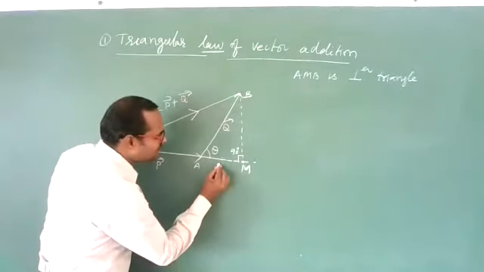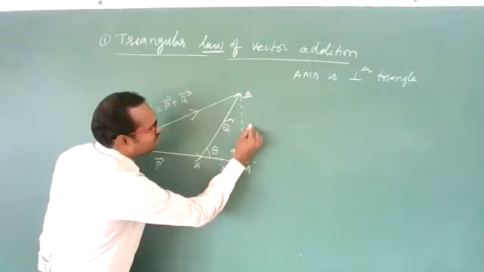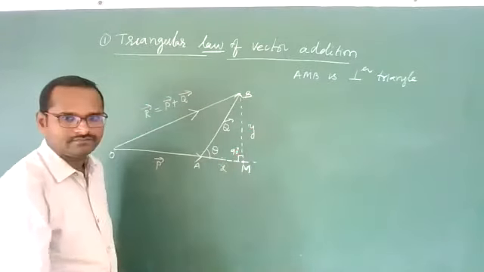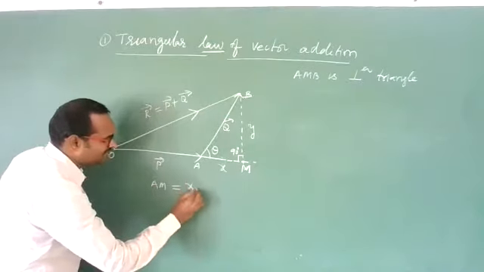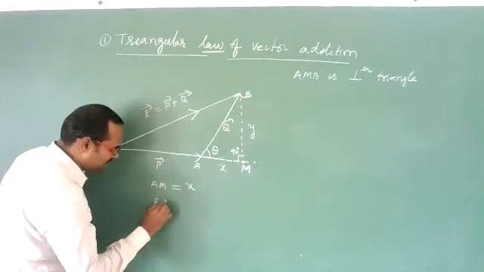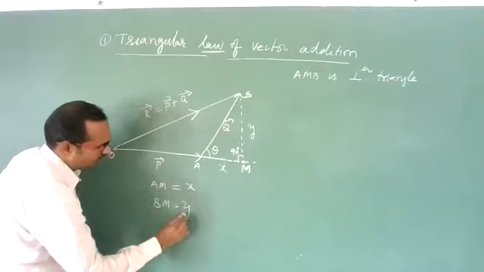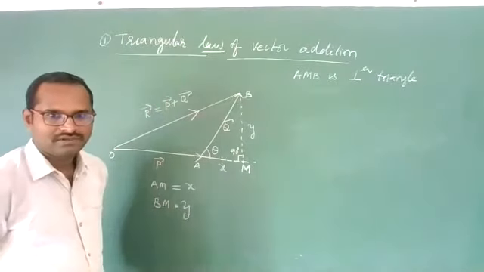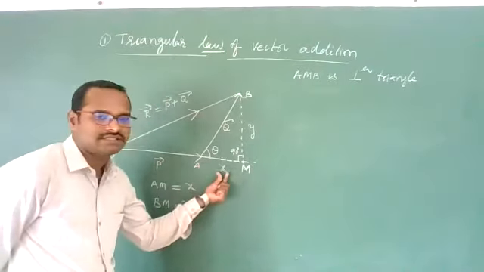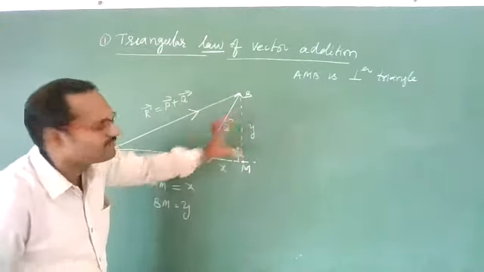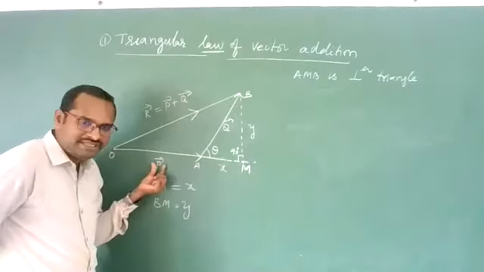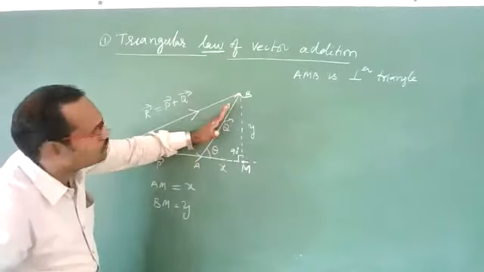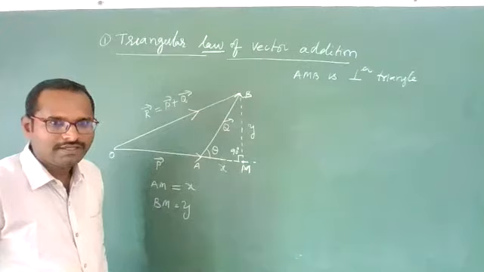Students, let us suppose AM is equal to x and BM is equal to y. Let us suppose the A to M distance is x, and the B to M distance is y. However, we know O to A is P and A to B is Q. We know these two.